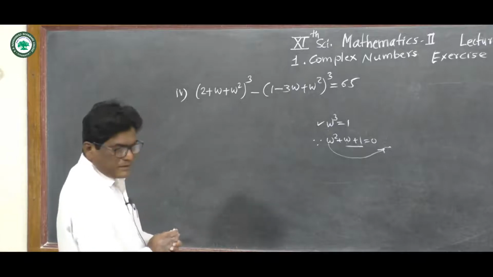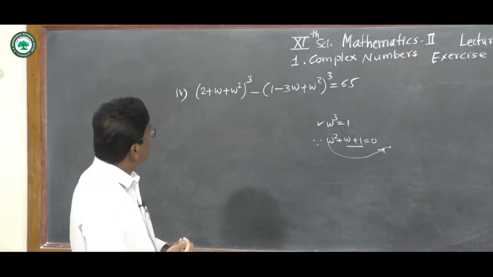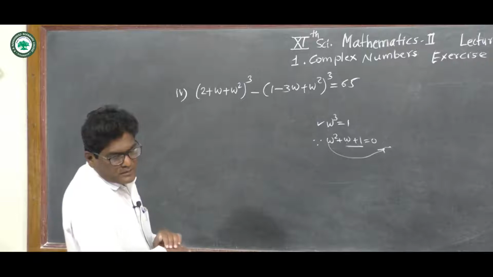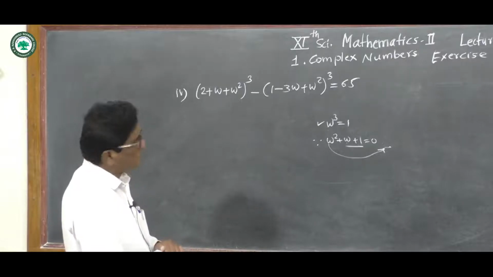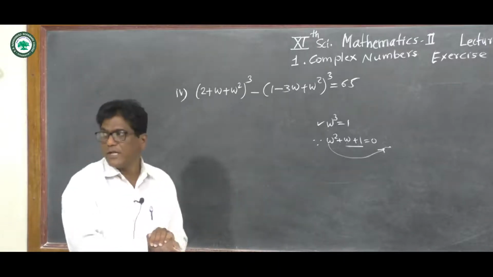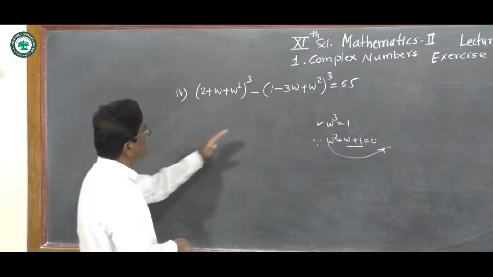Check the problem again: 2 plus omega square to the power 3 minus in the bracket 1 minus 3 omega plus omega square to the power 3 is equal to 65. We have to show this.